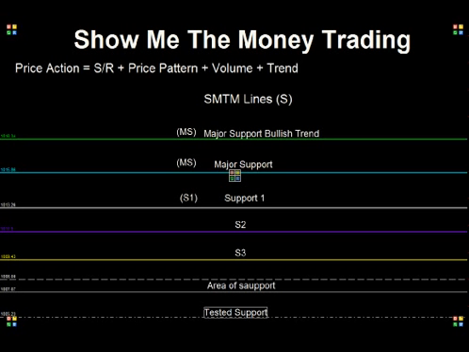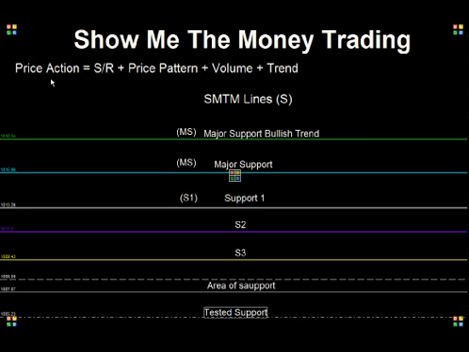And based on reading price action, I was actually able to eliminate any indicators. I don't use the 200 moving average, any moving average to determine trend. I use price action. I use support and resistance, price pattern plus volume plus trend, which equals price pattern. And through those, I was able to determine.